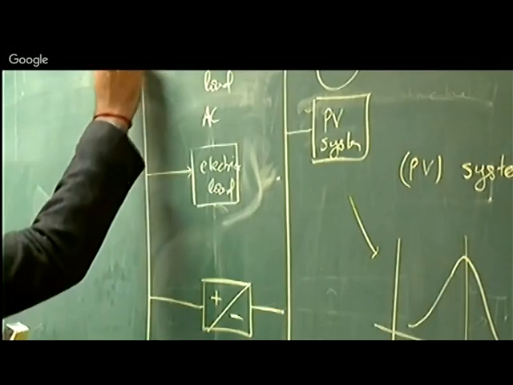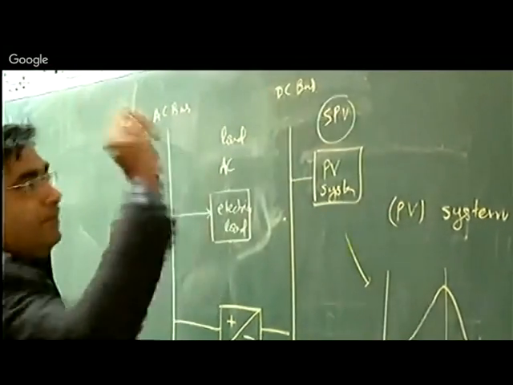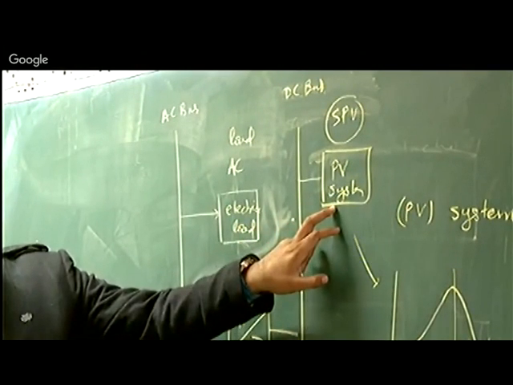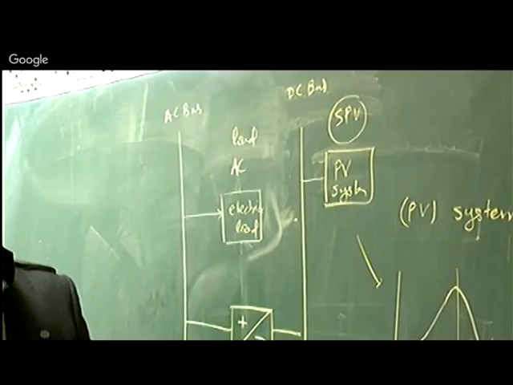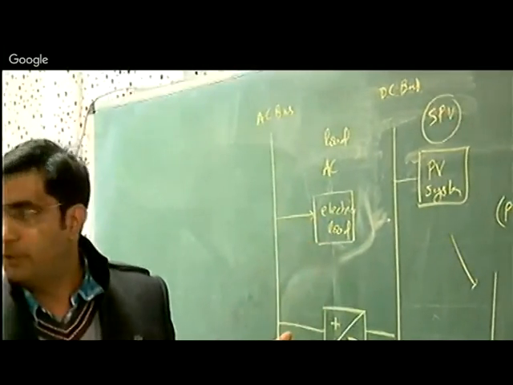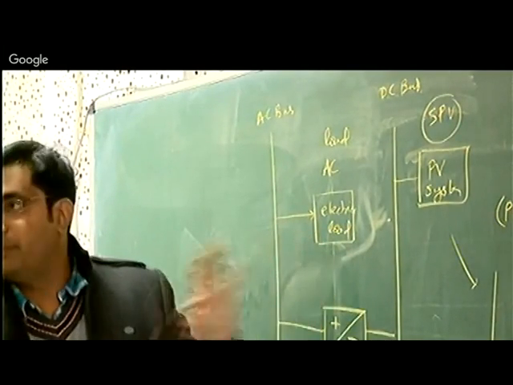This is the AC bus, this is the DC bus. We will generate DC, convert it into AC, and feed the load, or meet the load requirement. We are going to meet the total demand by the PV system.